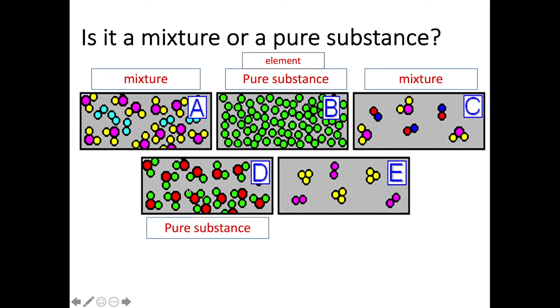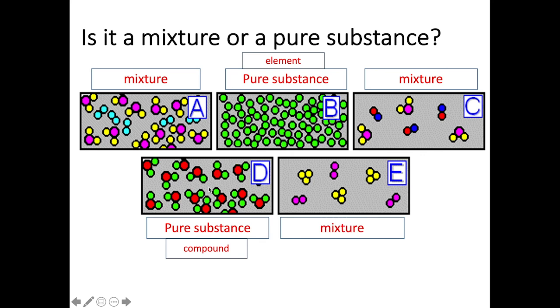D, pure substance. Pure substance because I've got all of the same type of particle, or compound here actually rather. And it's a compound because it's not individual things like this guy, it's combined things. This one over here, we've got two different types of compounds that are mixed together, so that is a mixture as well.